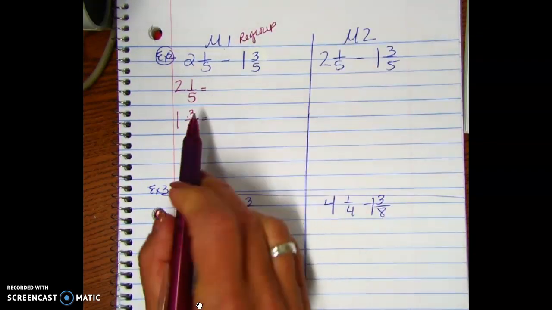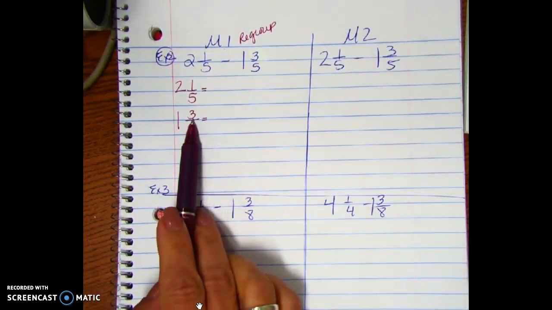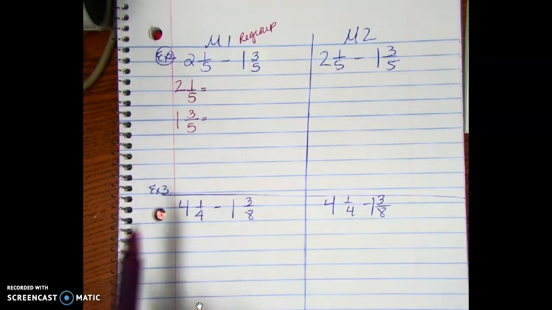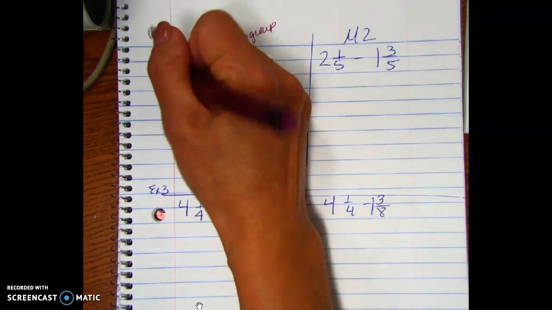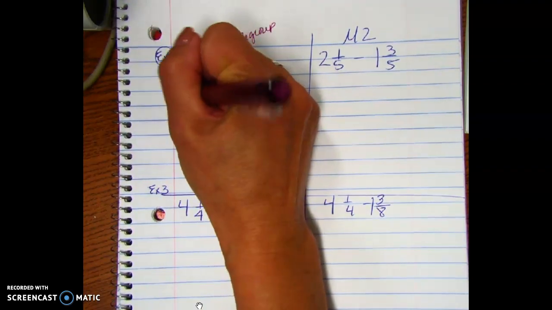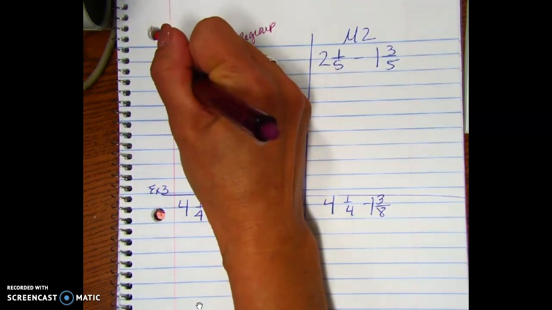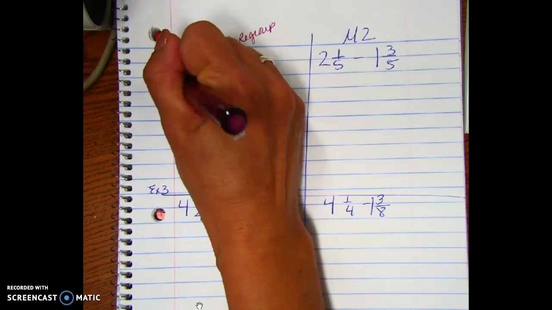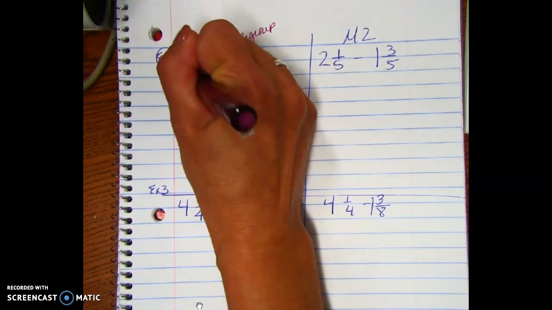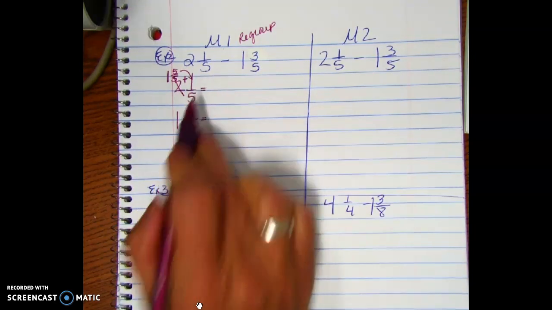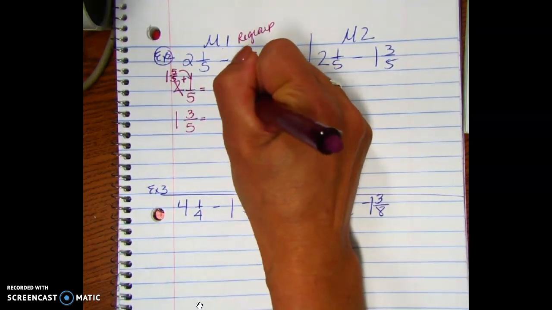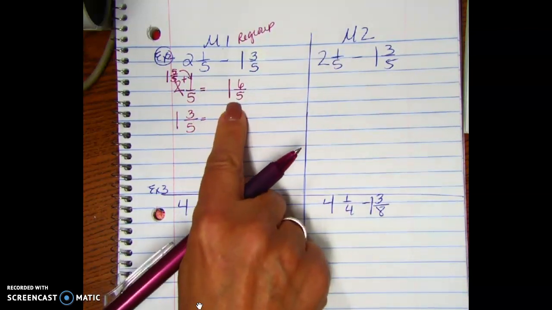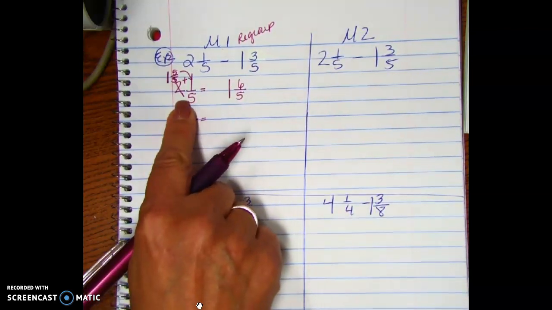Okay, so I cannot take 3 from 1 in my fraction place value, so I go to my ones, I take 1, and I end up with 2 equals 1 5/5, and I add that to this 1/5, and I end up with 1 6/5. 1 6/5 equals 2 1/5.